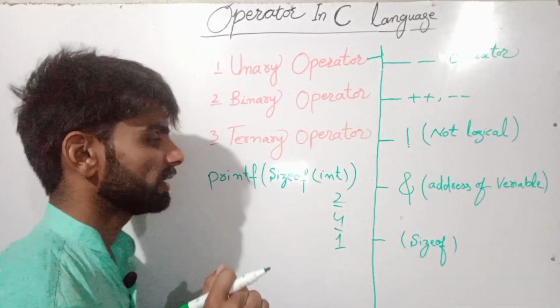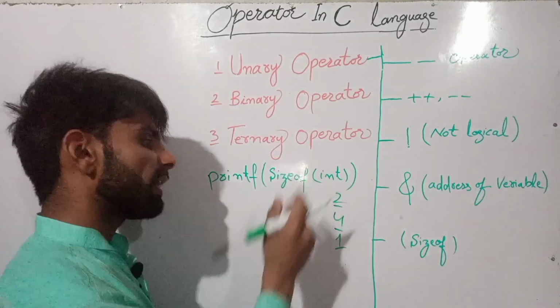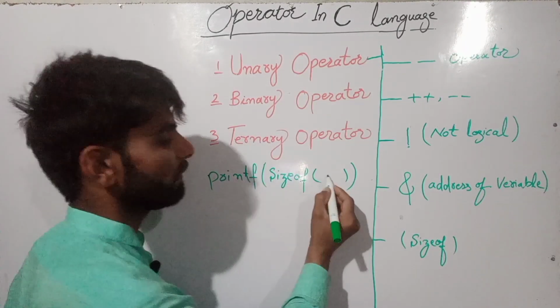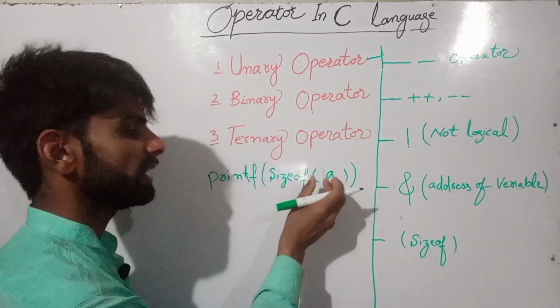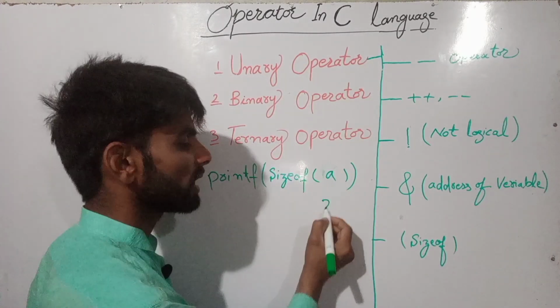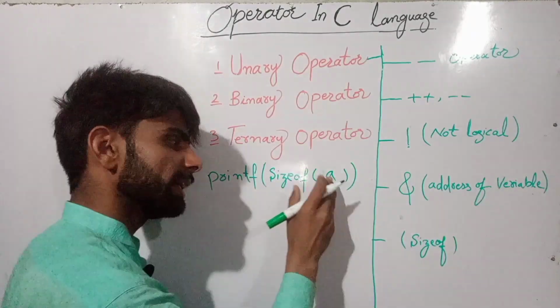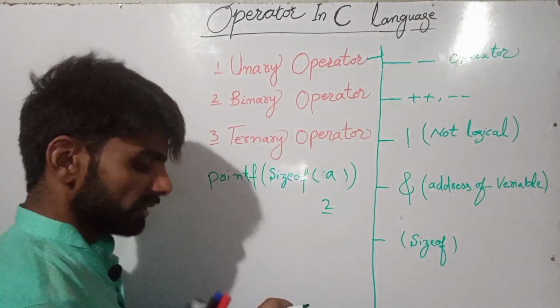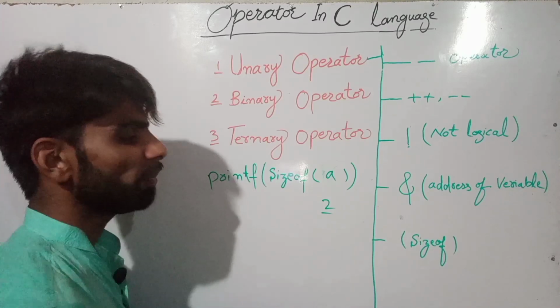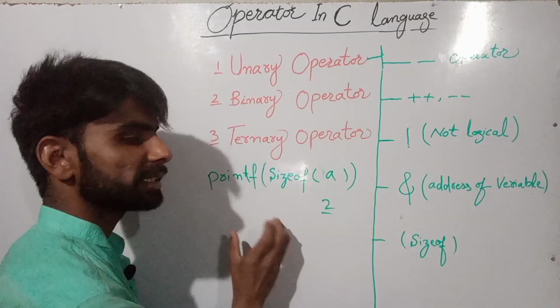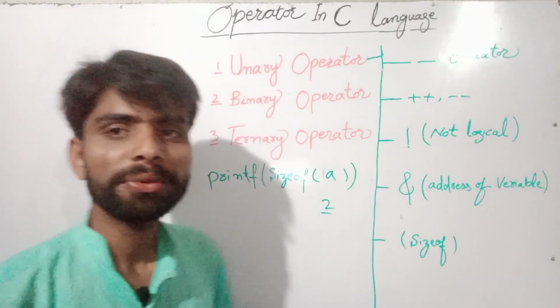You can also use sizeof for variables. If I write here a, then it will tell us the size of a. So I hope you got it, what the function of sizeof is.